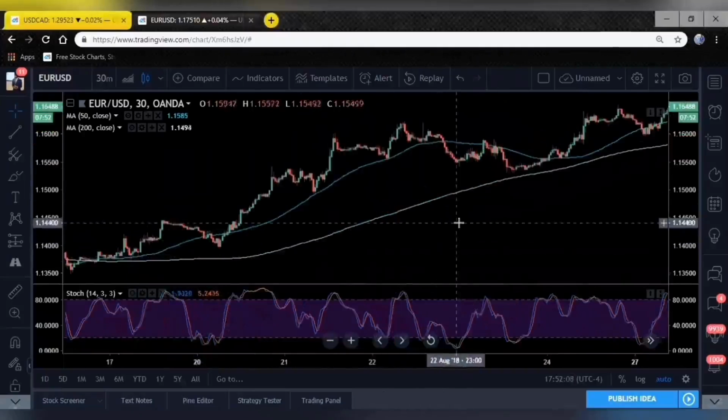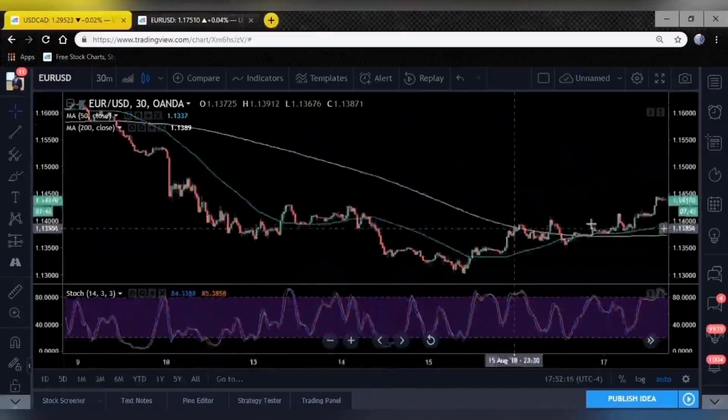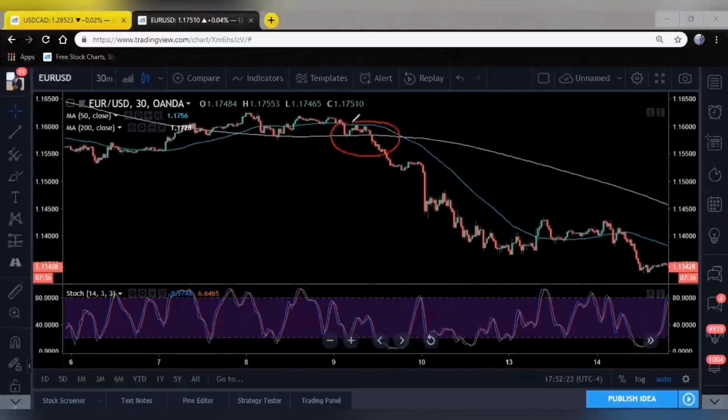The moving averages crossing also represent entry and exit plans. For example, if I were to get in a sell right here at the moving averages cross, my exit plan would be at the next crossing.